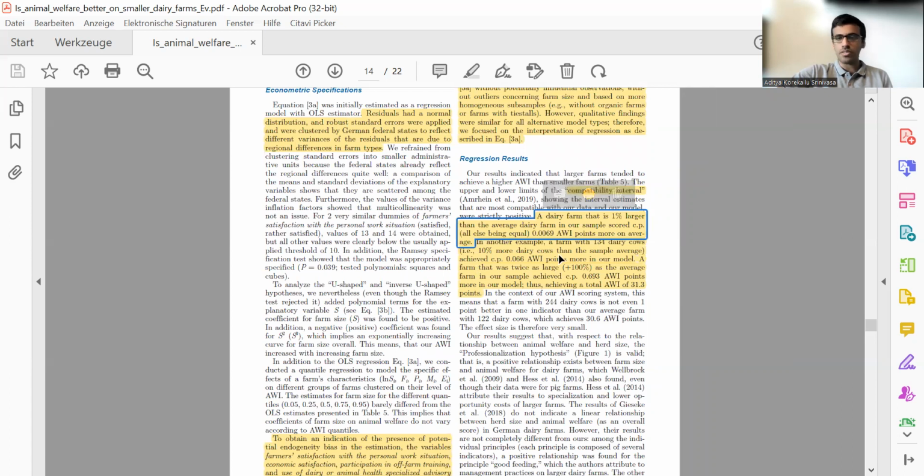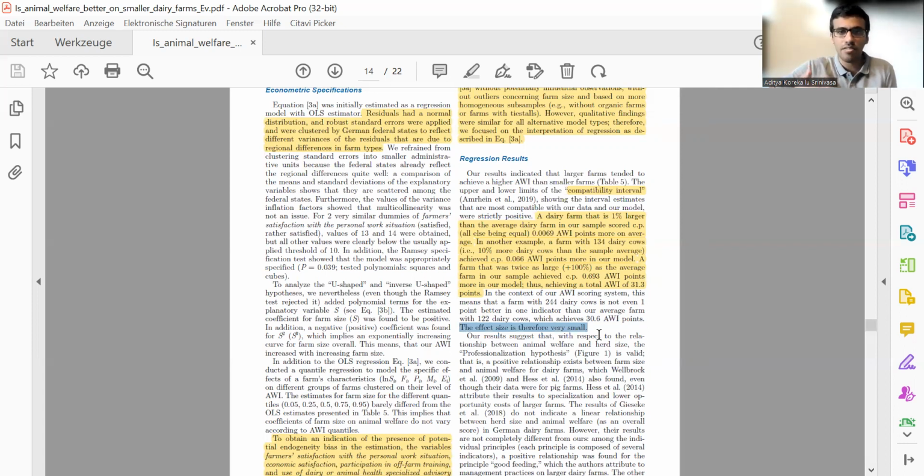Then they talk about 10% more herd size, then a herd size which is 100% more than the mean herd size in the sample. And then they talk about how big the effect is. They state that the effect size is very small, because even if the herd size is twice the average herd size, the increase in animal welfare is very small.